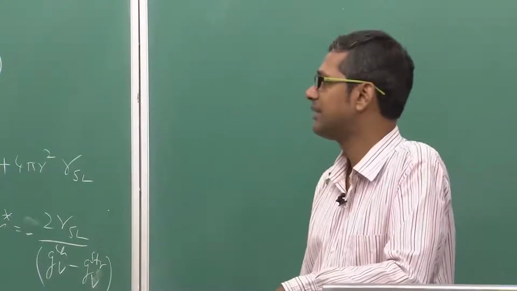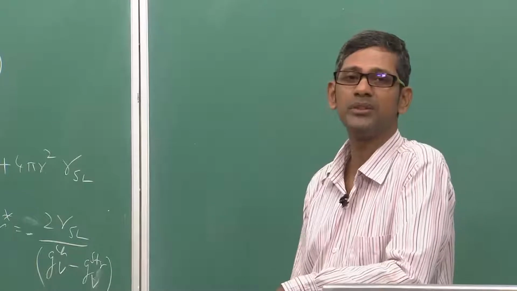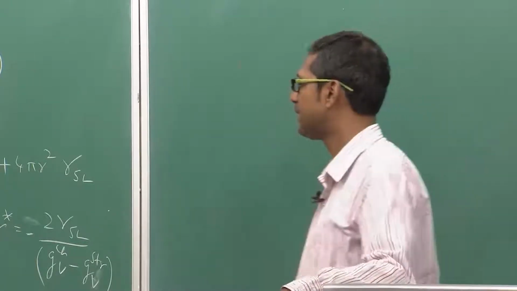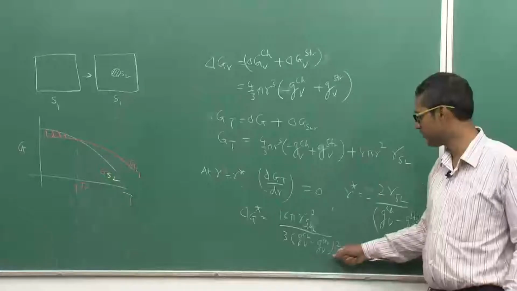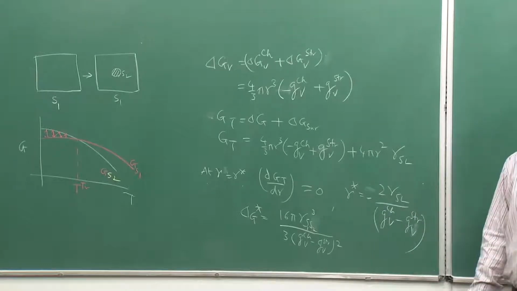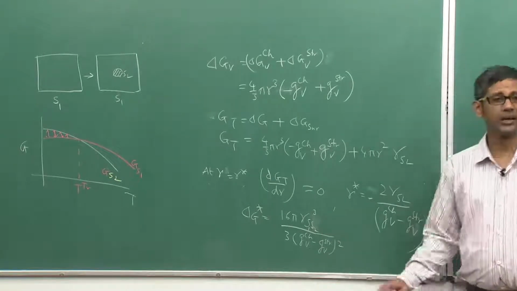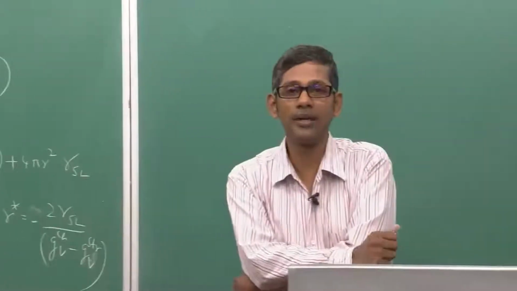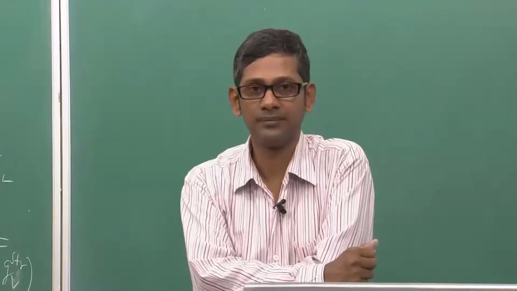So, these are the things that happen when you transform something from solid to solid. Remember, most of the transformations which we will study in our case are basically solid to solid. So, if you really want to do the mathematics properly, you need to calculate what this free energy change is because of the strain, and this can be calculated depending on different types of interfaces. If the interface is coherent, there is no strain energy.